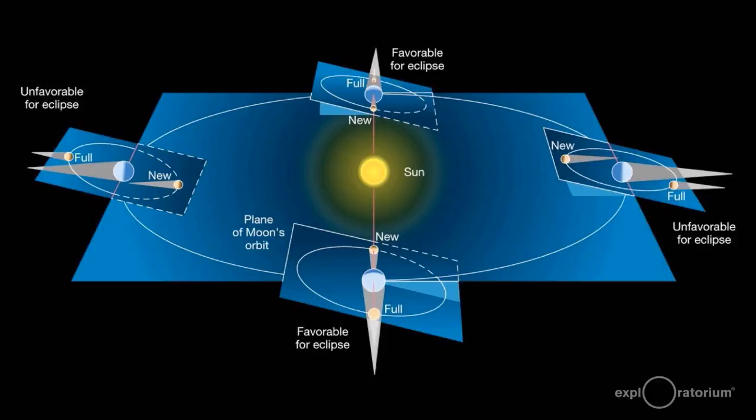And those are not good seasons for eclipses. The only good seasons are every 6 months when the plane of the moon's orbit is tilted such that the new moon or the full moon can either cast a shadow on the Earth or have the Earth's shadow cast on the moon. And so you can see that we have eclipse seasons separated by 6 months here. And that changes over time too.